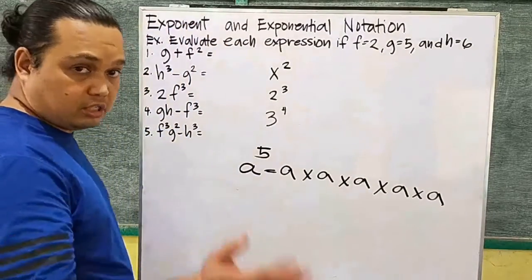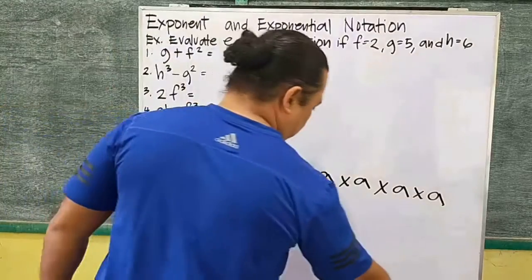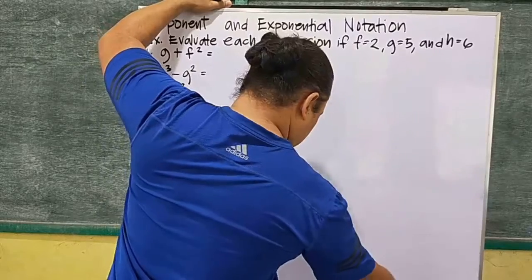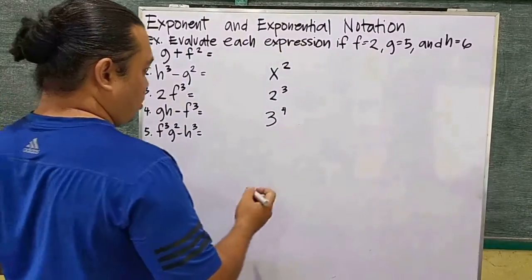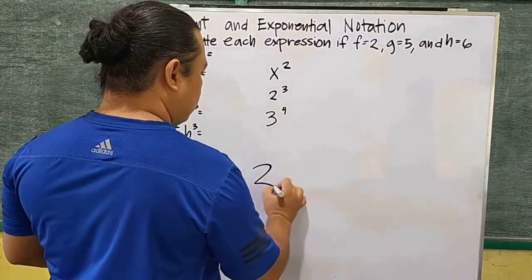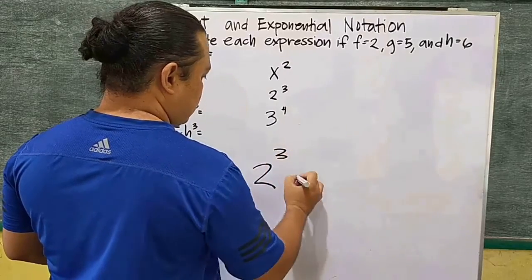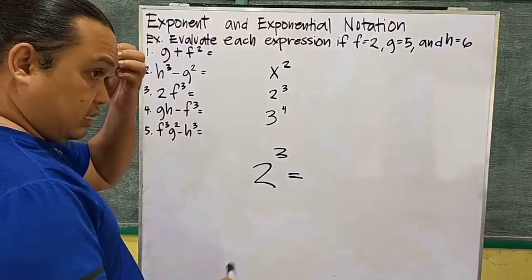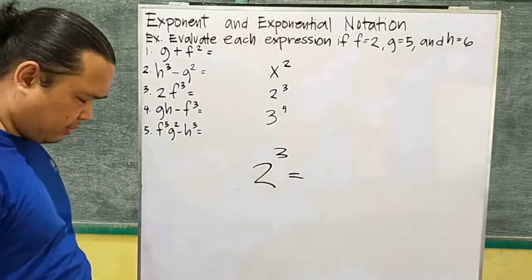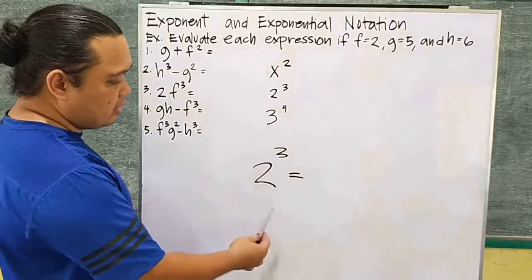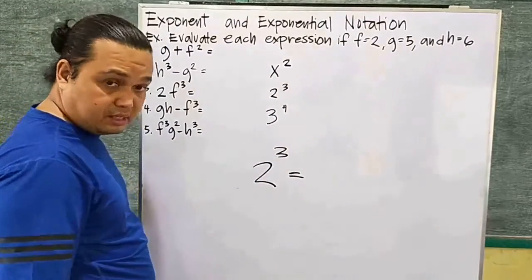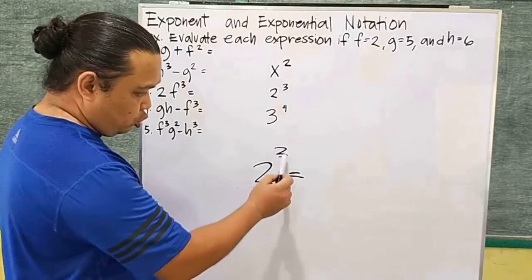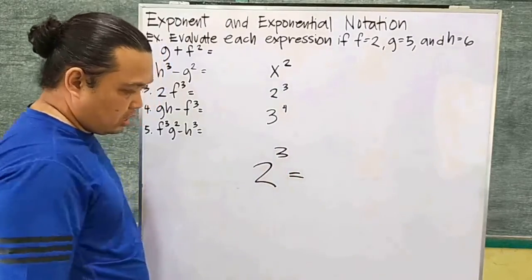So let's use numbers. For example, we have 2 cubed. How do we evaluate this? Let's first identify the parts. 2 here is the base, 3 here is the exponent, and 2 cubed is our exponential notation.